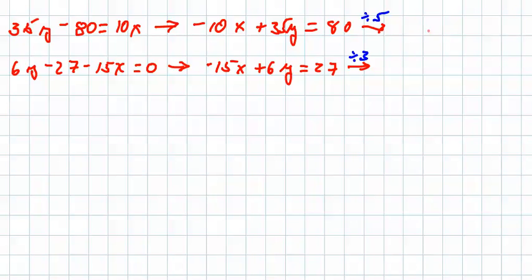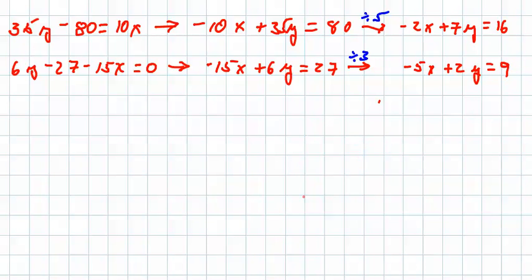When I do that, I get negative 2x plus 7y equals 16, and negative 5x plus 2y equals 9.